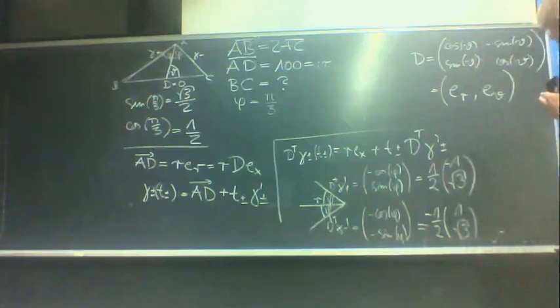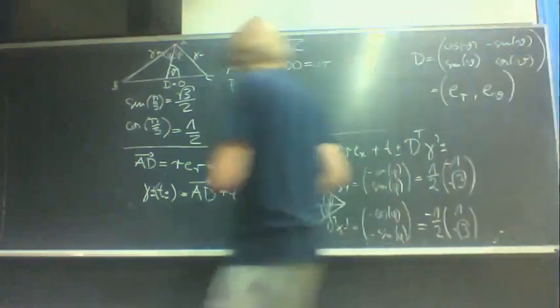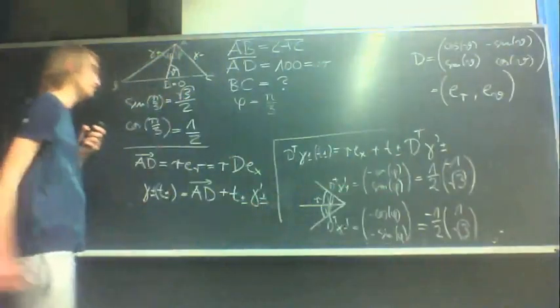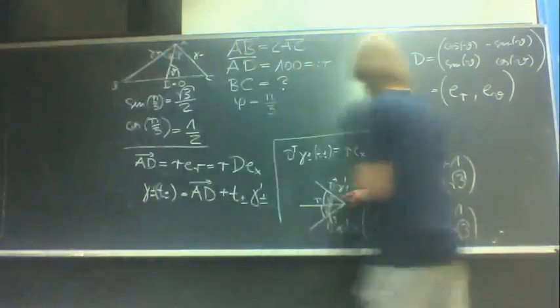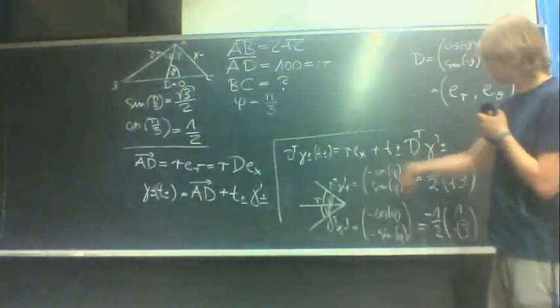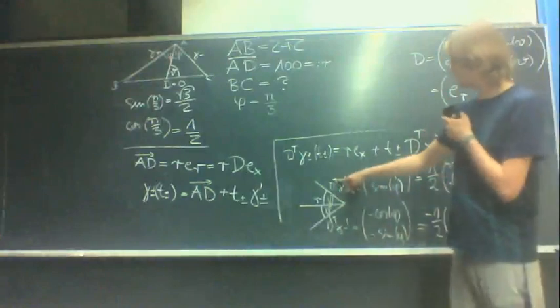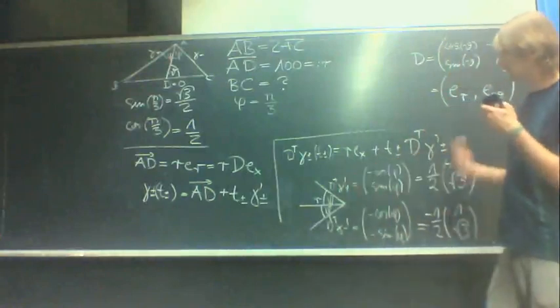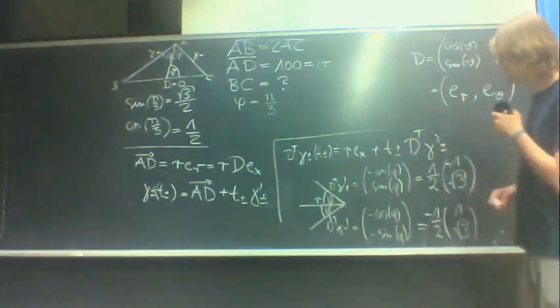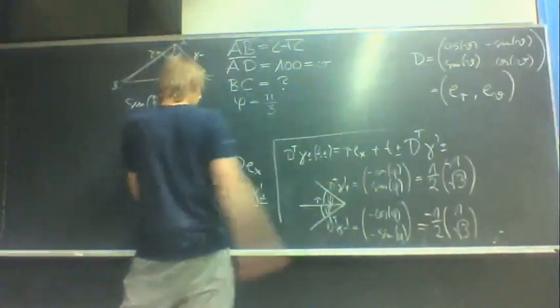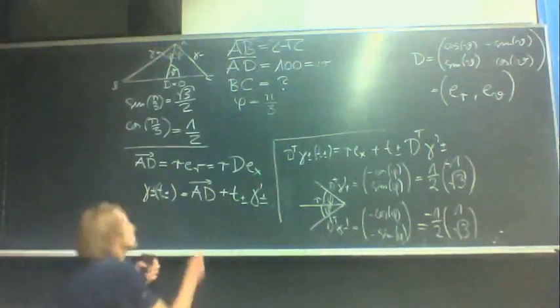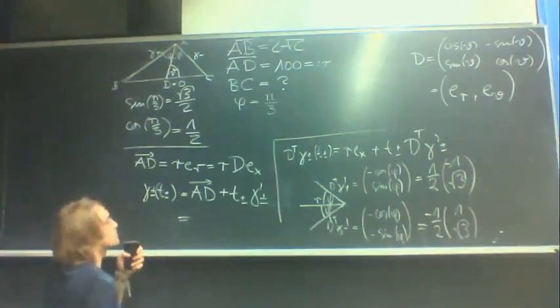And now we know gamma prime, because now we can just take D times those vectors, D times D transposed will be the identity, and so we will end up with gamma prime. So we can write it down.